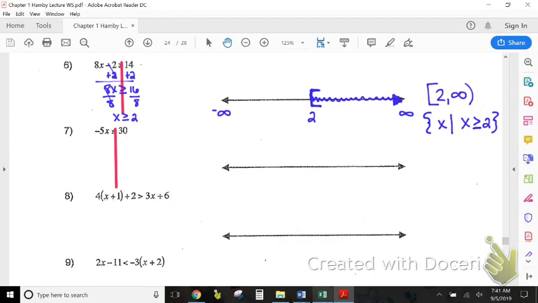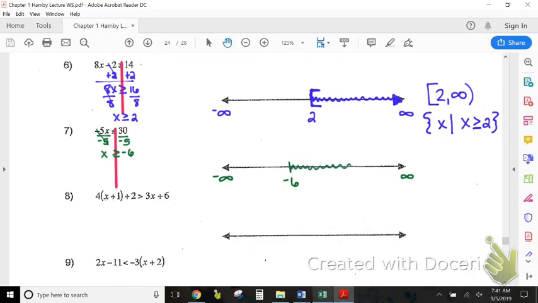Number 7, what are we going to do? Okay, divide by that negative 5, which will make that sign flip. So x is greater than or equal to negative 6. So negative infinity, positive infinity, and it's going to be negative 6. If x is greater than or equal to negative 6, am I going to shade towards negative or positive infinity?